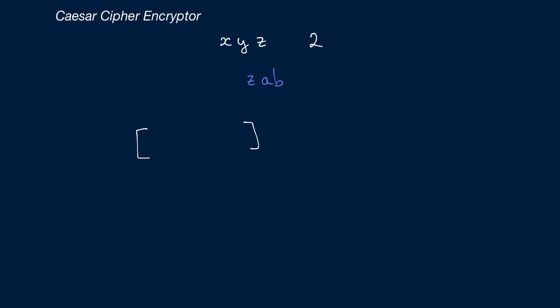And so it turns out that the Unicode value of Z is 122, and the Unicode value of A is 97. And so if you know that, or even if you don't know the exact function that gives you the Unicode value, but you know that it does exist, you could mention this in your interview and implement it without actually knowing if the function exists, but your interviewer would probably appreciate the logic behind it.